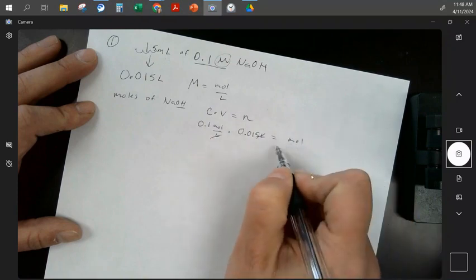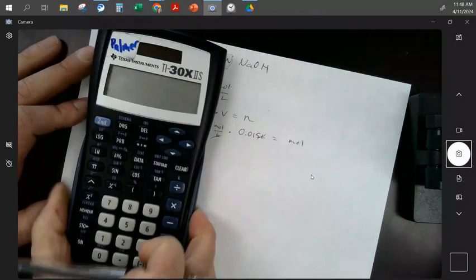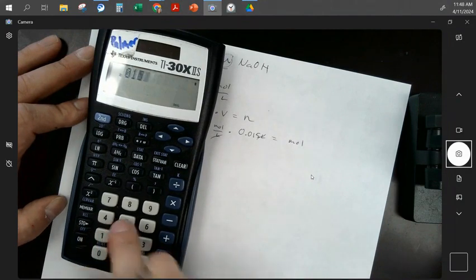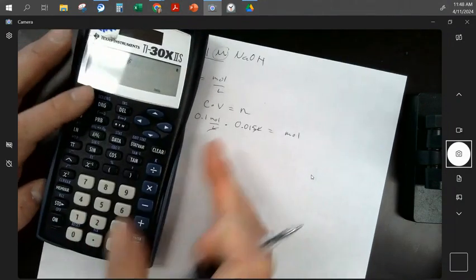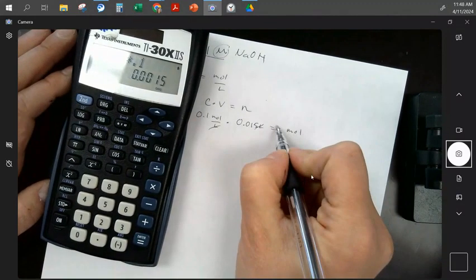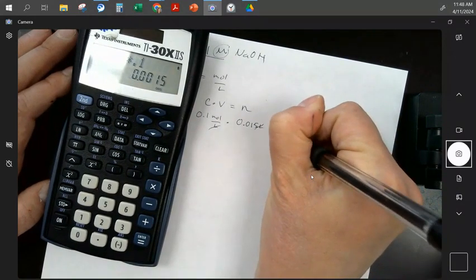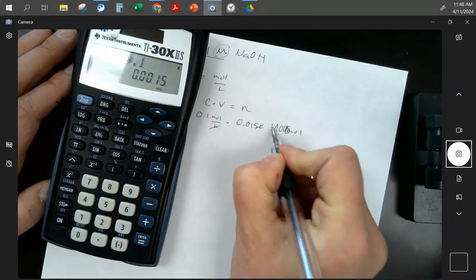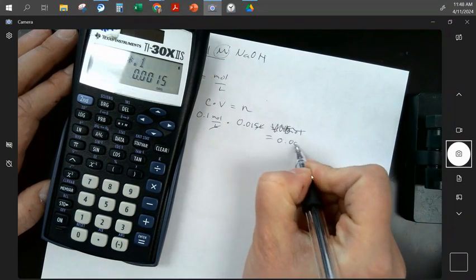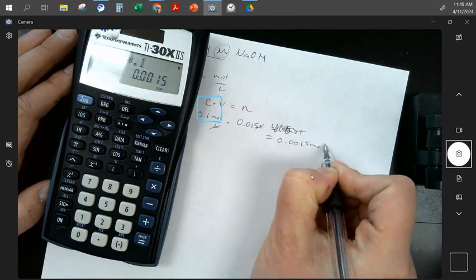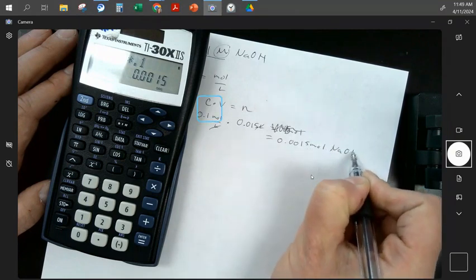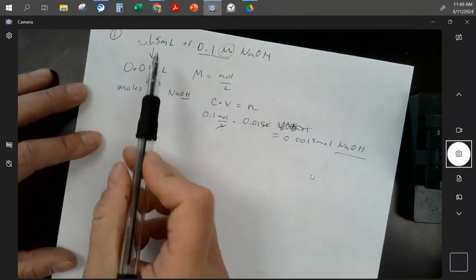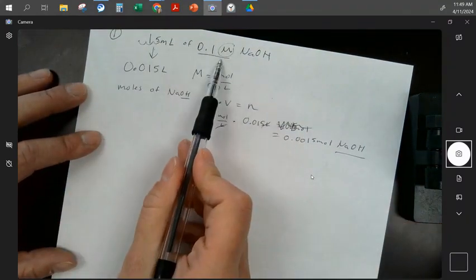So that ends up with, I didn't leave myself enough room, 0.0015 moles. Let's write it again: 0.0015 moles of sodium hydroxide. Okay, so that's how much sodium hydroxide we will use if we use 15 milliliters of 0.1 molar sodium hydroxide.